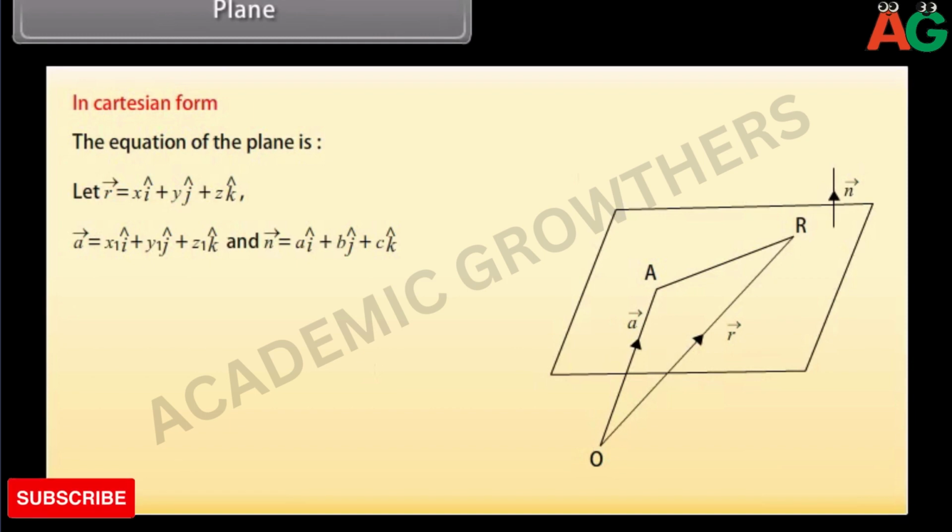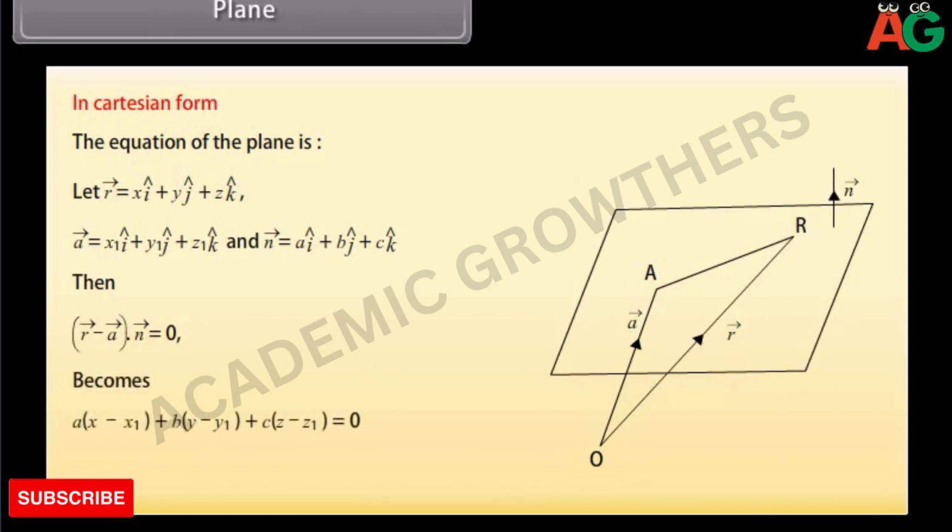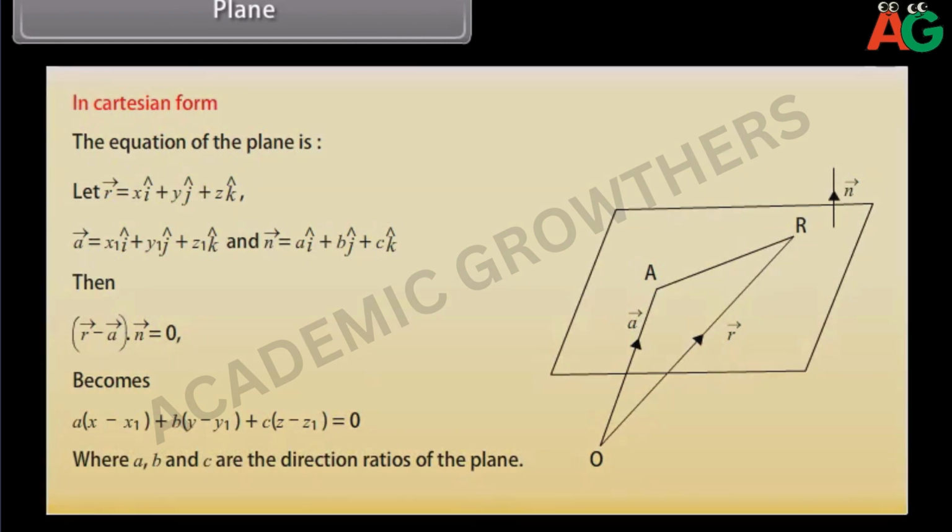Vector n equals a i cap plus b j cap plus c k cap. Then, the dot product of vector r minus vector A and vector n equals 0 becomes a(x minus x1) plus b(y minus y1) plus c(z minus z1) equals 0, where a, b, and c are the direction ratios of the plane.